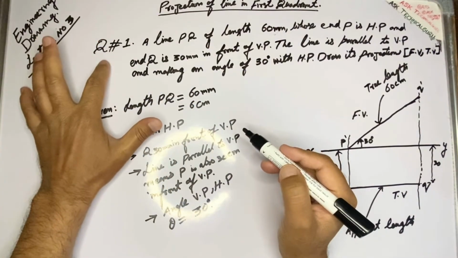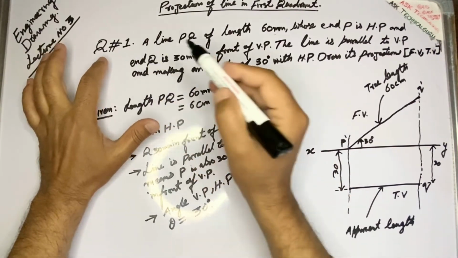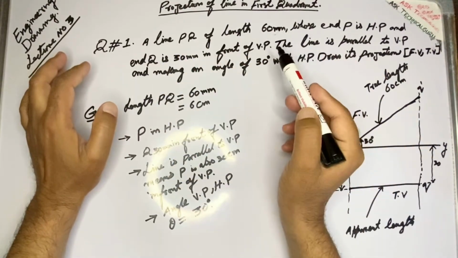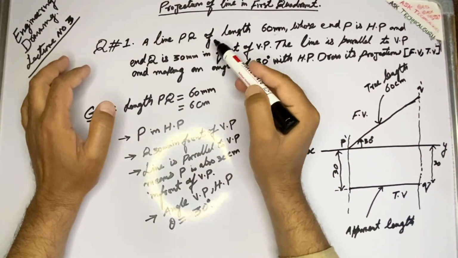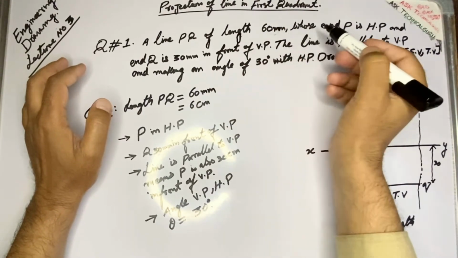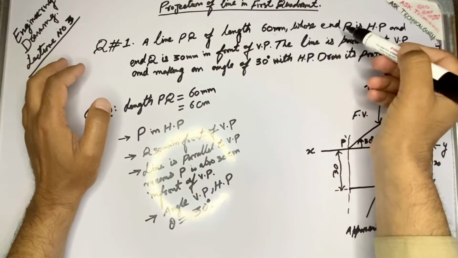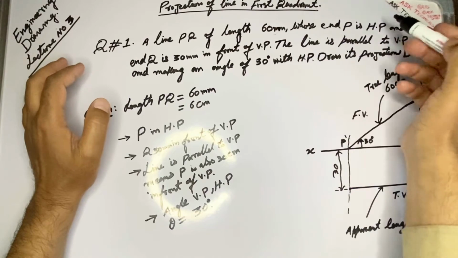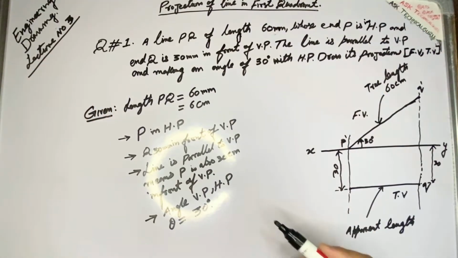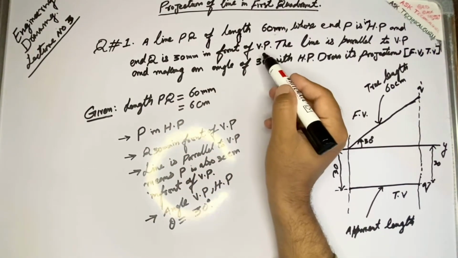We have written this question here, question number 1. Okay, what does the question say? I will read the question. A line PQ of length 60 mm, whose end P is in HP and Q is 30 mm in front of VP.